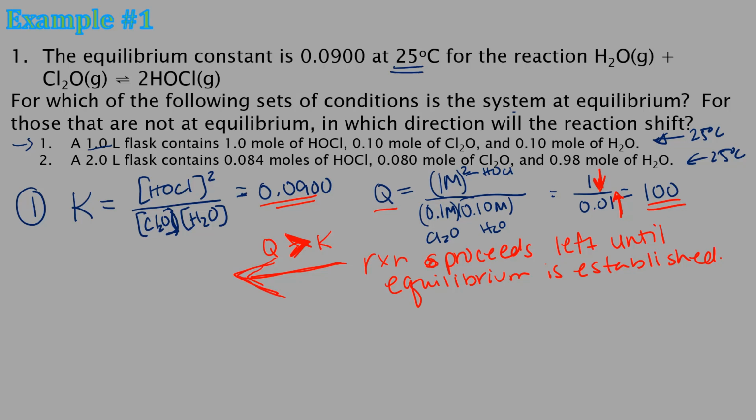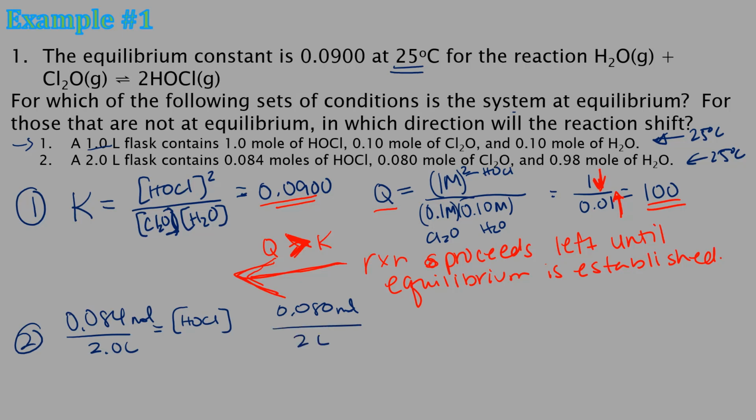So that's number 1. Number 2 says we've got a 2-liter flask and we have 0.084 moles of HOCl. So I'm going to have 0.084 divided by 2 liters, and then 0.080 moles divided by 2 liters of Cl2O, and then 0.98 moles divided by 2 liters, which is the concentration of water.